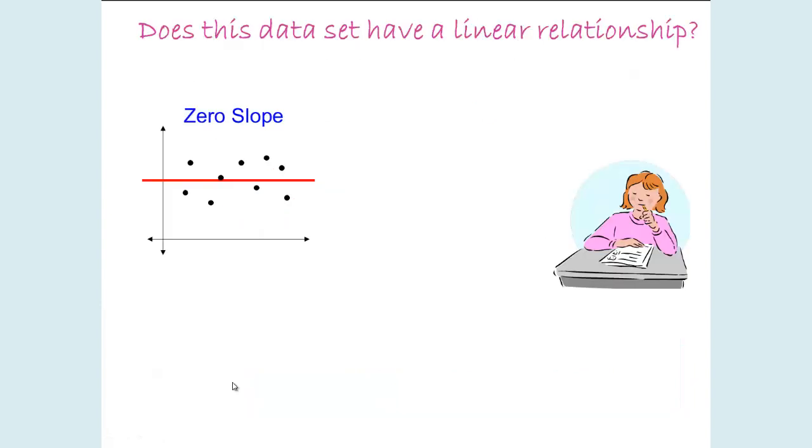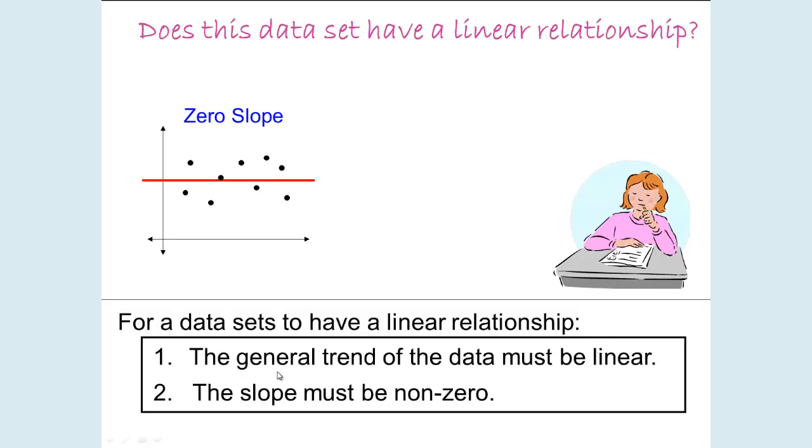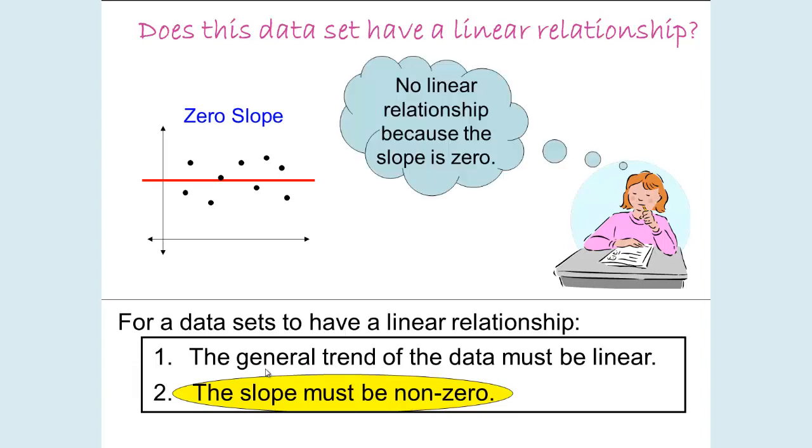Does this set have a linear relationship? For the data set to have a linear relationship, the general trend must be linear and the slope must be non-zero. The slope is not non-zero. No linear relationship, because this slope is 0.